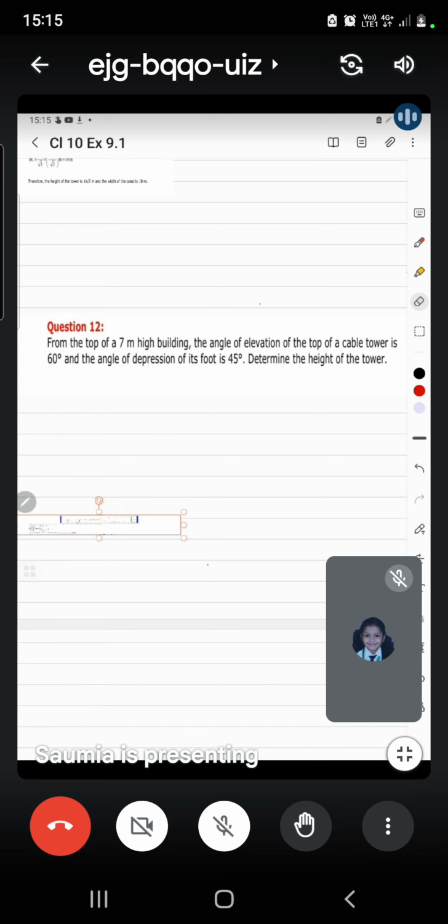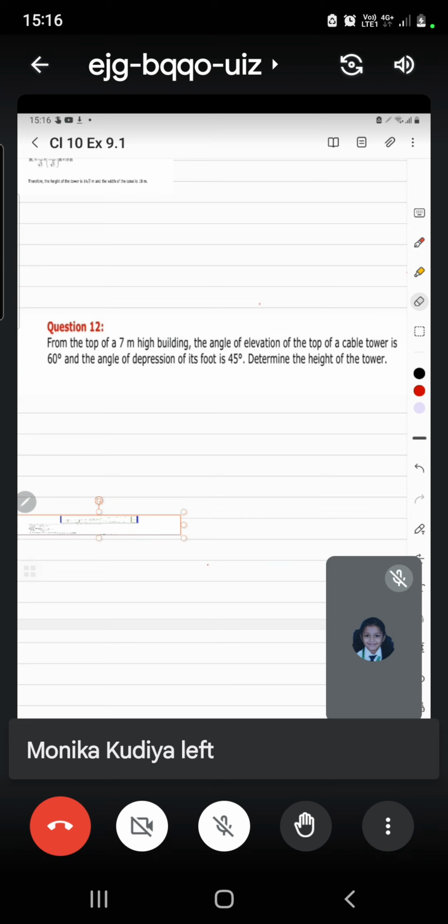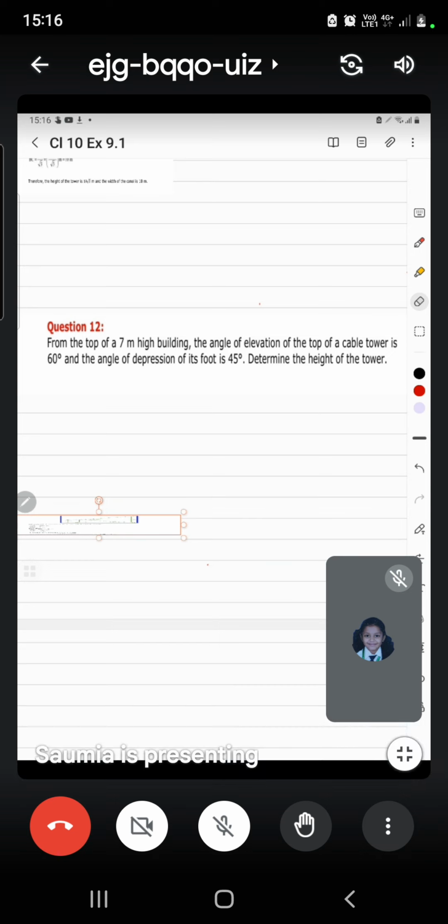Jatin has marked 45 degrees in a little different way. Only two of you could draw the figure. Others are trying or not? Yes, ma'am.